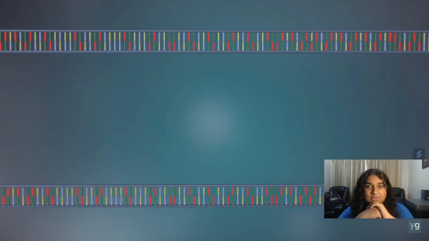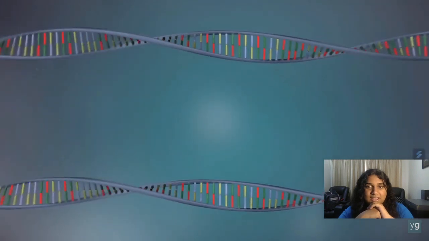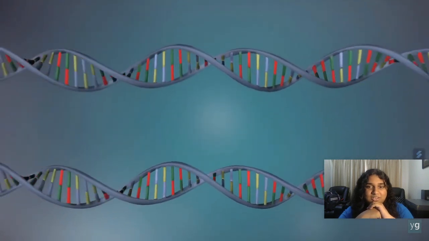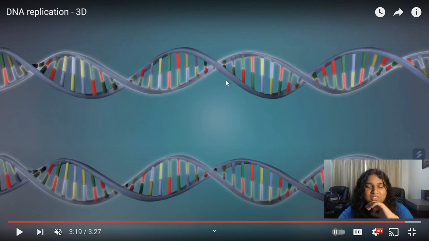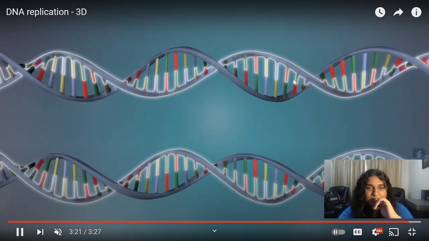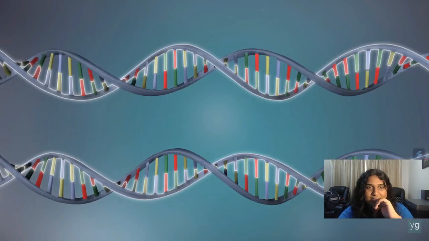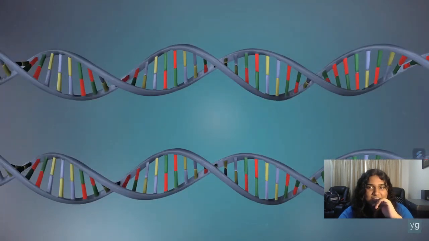It connects together all of the Okazaki fragments. And once completed, the two identical DNA molecules will spiral into a double helix again, forming a new strand and a copied strand. And that's it.